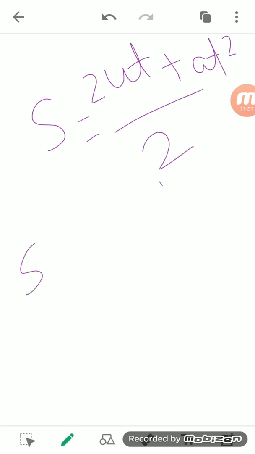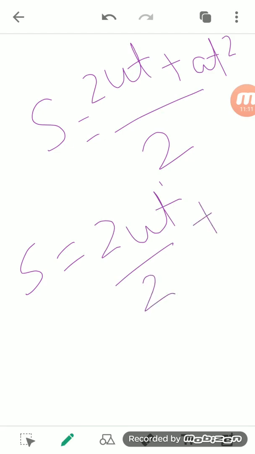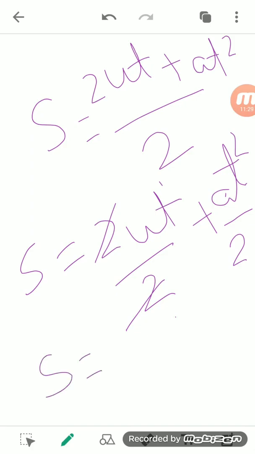We can also write it like 2ut upon 2 plus at square upon 2. So by both ways we can write it like that. So in 2ut upon 2, this 2 will cancel out, but this at square by 2 will remain here. So we can also write it like S is equal to ut plus half at square.